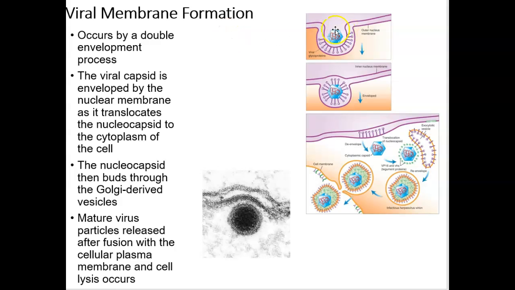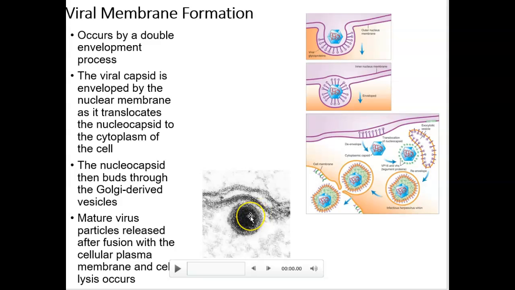So once you make the capsid and the DNA and everything is packaged inside, it actually buds out of the nuclear envelope, and then it loses its envelope, and then it gets associated with more tegument proteins, and it goes through the Golgi and picks up another membrane, and then it leaves through exocytosis.